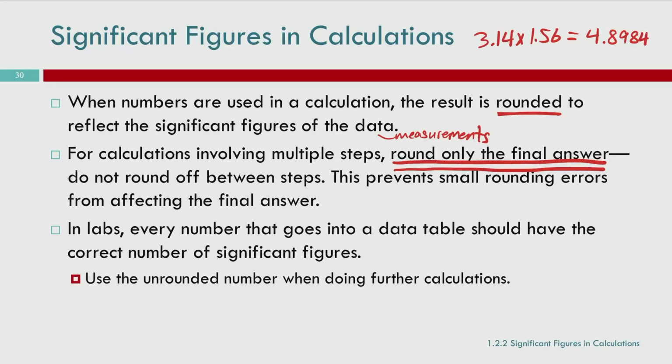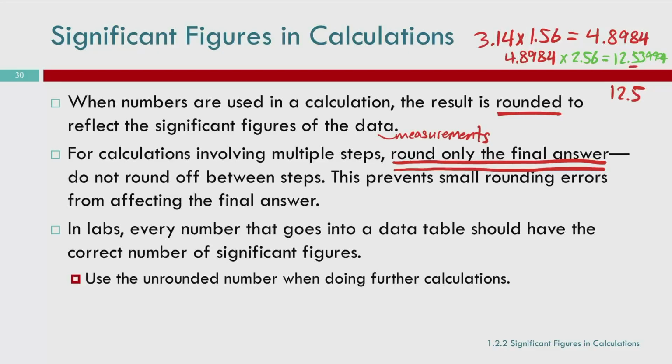If I have to do another calculation with that, so if I take that 4.8984, and I multiply that by 2.56, I will get in my calculator 12.539904. That's all the numbers that it told me. And then I could round this number. In this case, we don't know the rules yet, but I would round it to 12.5.